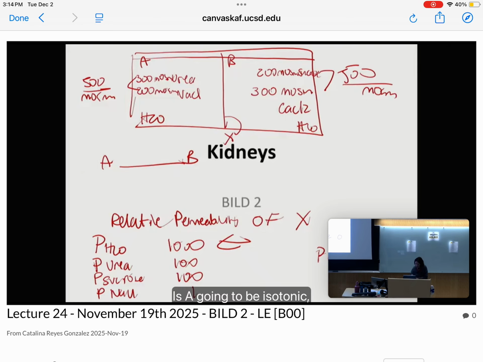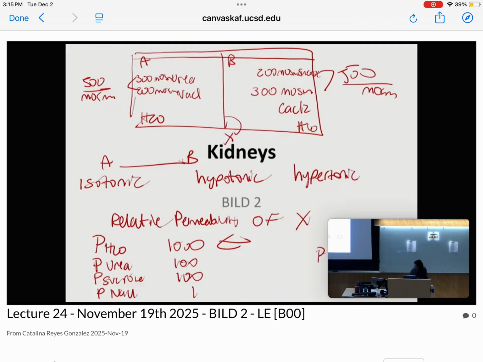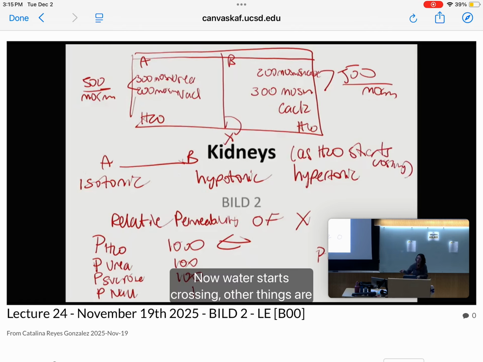Is A going to be isotonic, hypotonic, or hypertonic as water starts crossing? So now water starts crossing, and other things are going to start crossing as well.